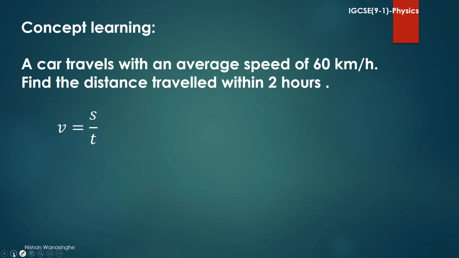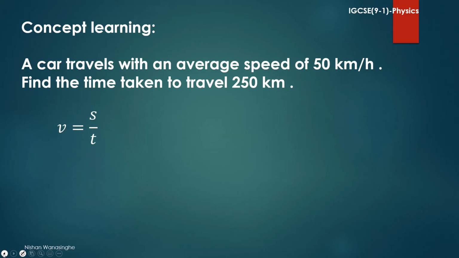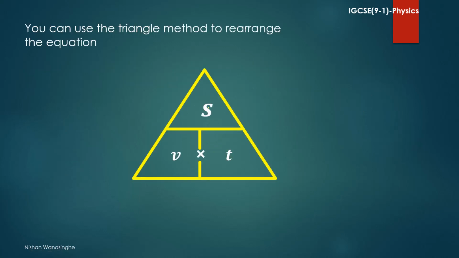Okay, next question. The car travels with an average speed of 60 kilometers per hour. Find the distance traveled within 2 hours. So now you can see s equals v times t. If you check that triangle, if you cover s with your finger, you can see it's equal to v times t, right?